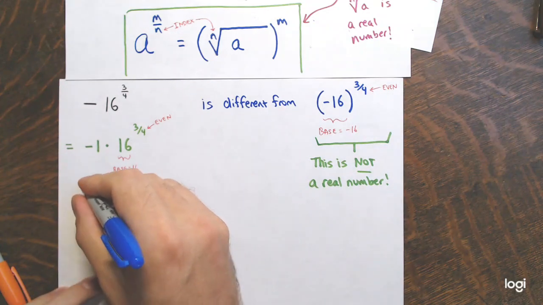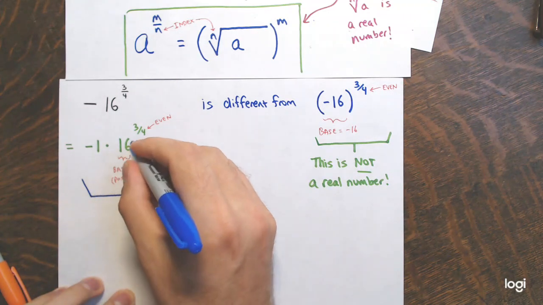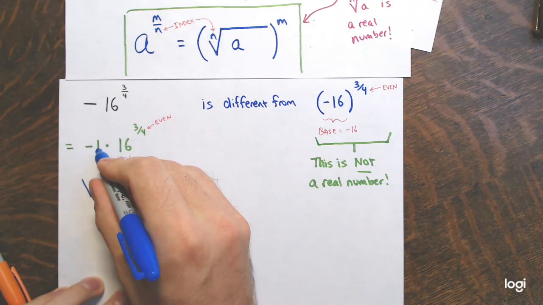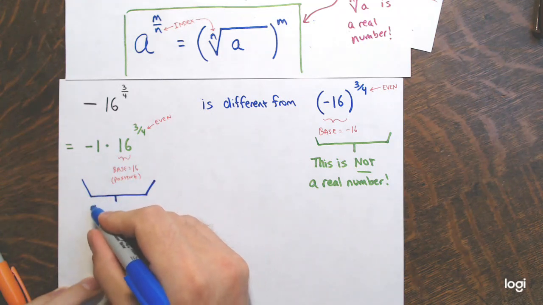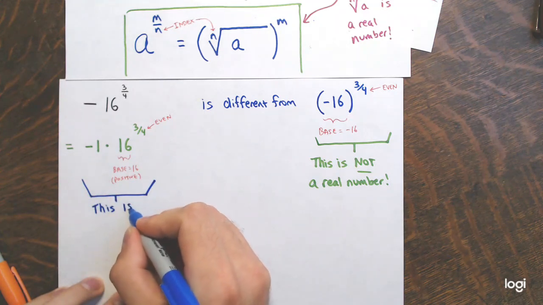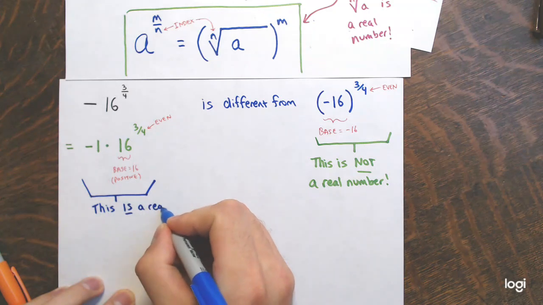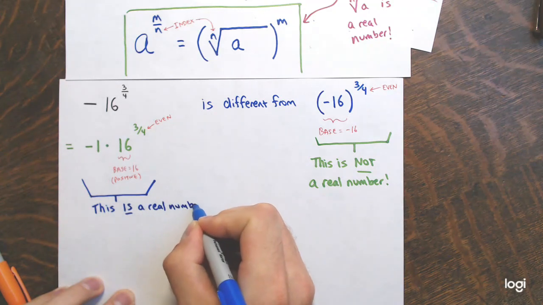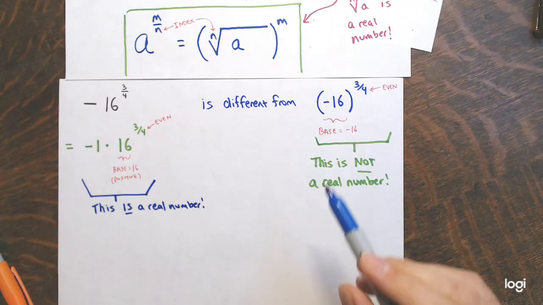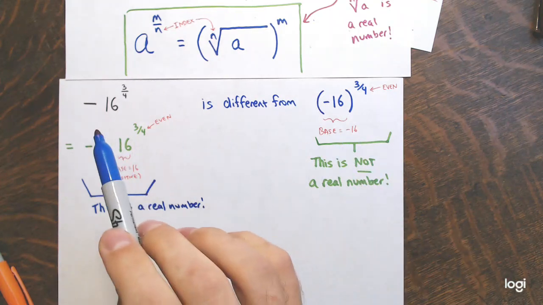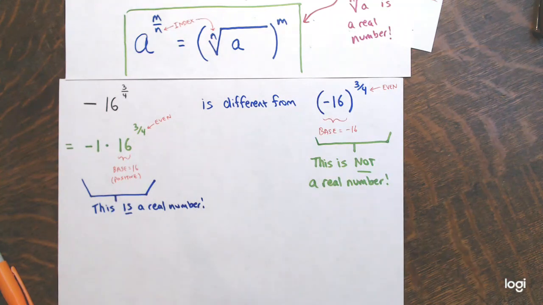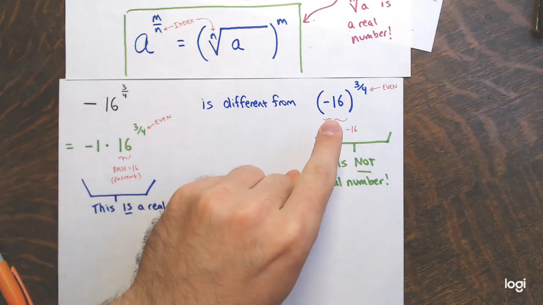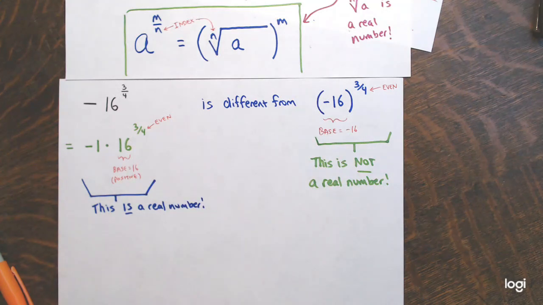This expression will be a real number, and then multiplying by -1 will still be real. We can find its value. So notice the difference, please. Just a little simple adding of parentheses changes the meaning entirely from something that is real to something that ends up not being a real number.